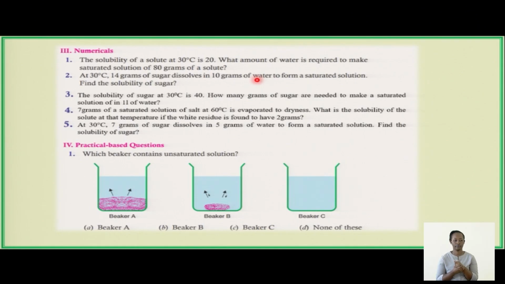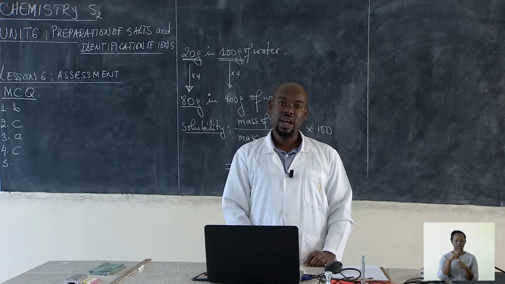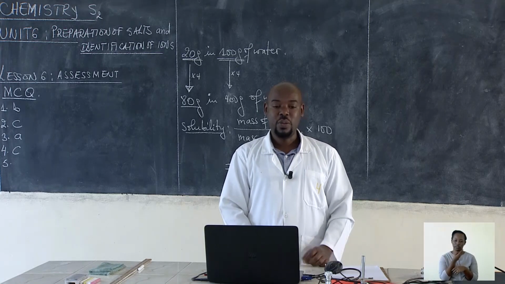We get 140. So it is 140 at 30 degrees. At 30 degrees, 140 grams of sugar, sucrose, can dissolve completely to make a saturated solution in 100 grams of water. Okay? Good.